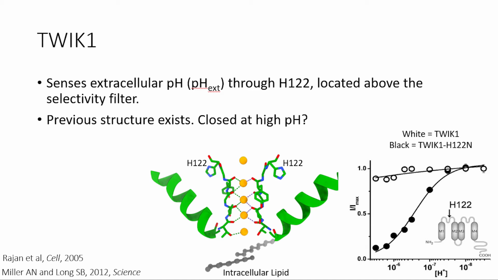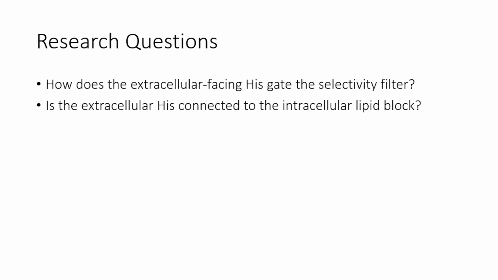We couldn't tell because of the way this experiment was set up, but we essentially had the protein in a state where it should be open, but it was closed. And what I essentially wanted to ask, since there was no clear connection between this histidine and the block intracellularly, is what is the connection, if there is one, and whenever the pH changes, exactly how is this histidine going to move? Now, in order to answer these questions, there are two key pieces of technology that I utilize.